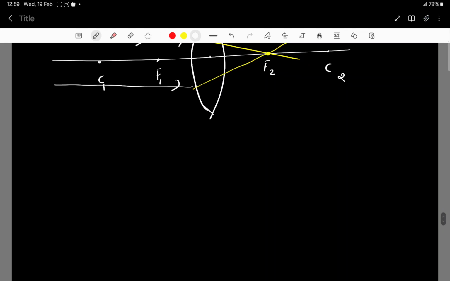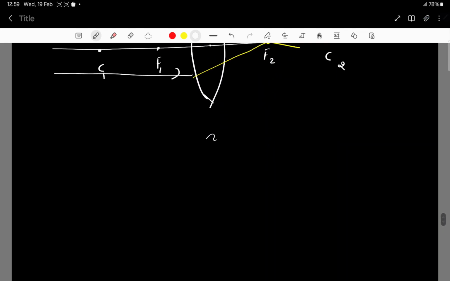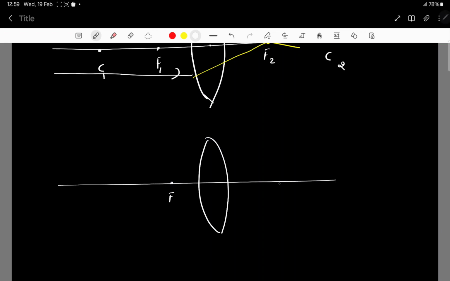Similarly, for other cases also we can see, consider the same convex lens. If the objects are placed beyond C at some finite distance, the location of the image can be figured out through this idea. From the top tip of the object, you can consider one light ray in such a way that it is parallel to the principal axis.